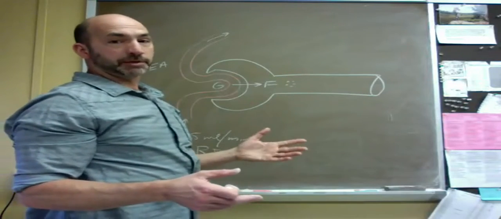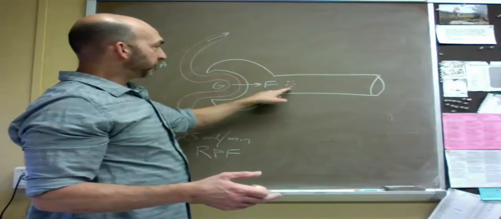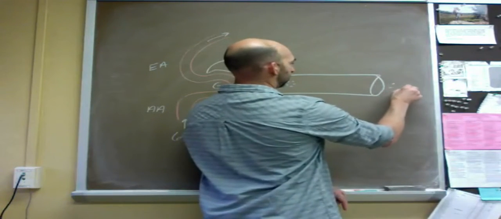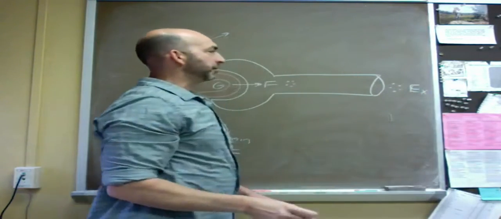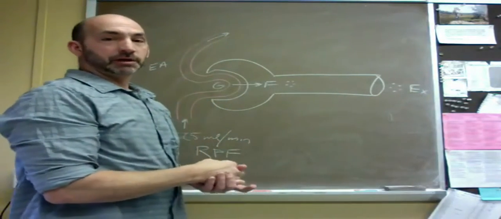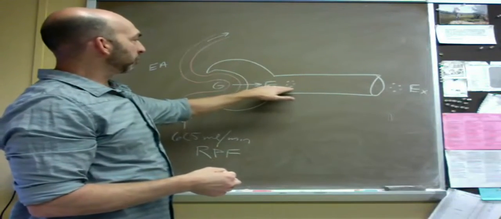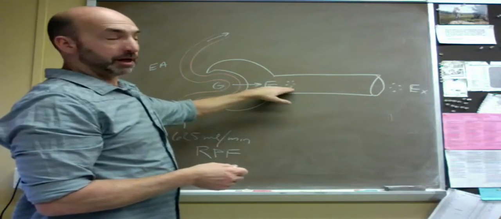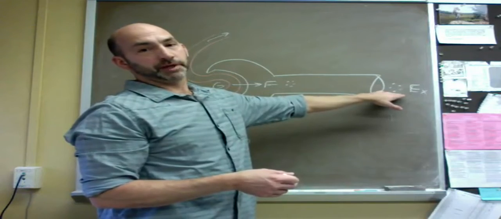It doesn't reabsorb it, doesn't secrete it. In that scenario, what is filtered would be the same amount that is excreted. In other words, if we filter 125 mils per minute worth of creatinine, then we will excrete 125 milliliters per minute worth of creatinine.